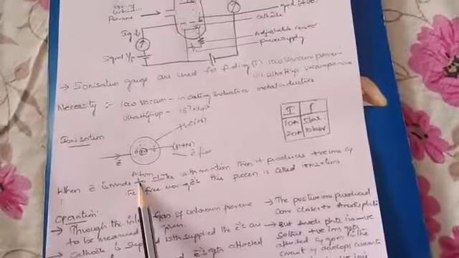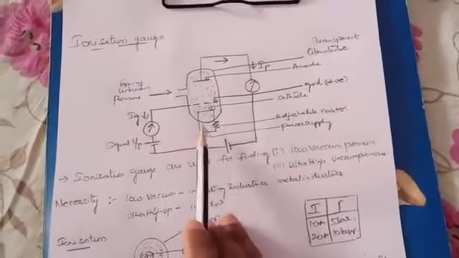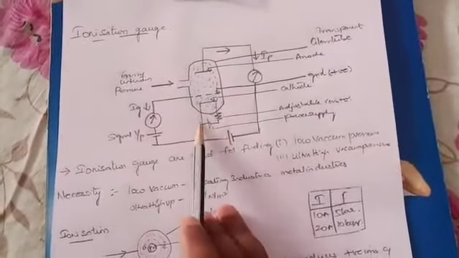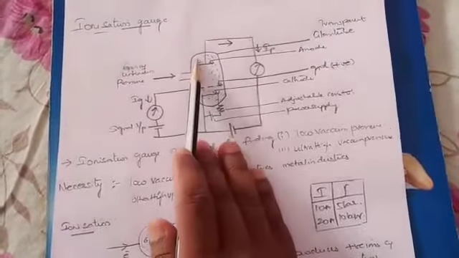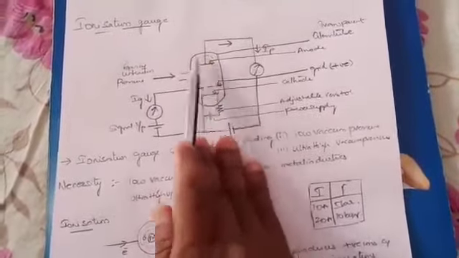So coming to the operation. Whenever the power supply is given, the cathode is supplied with the positive terminal and the anode is supplied with the negative terminal of the battery source.